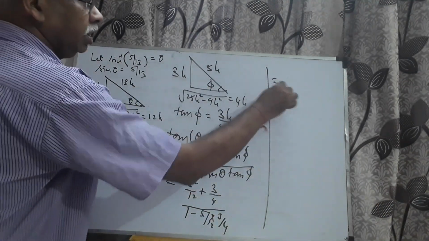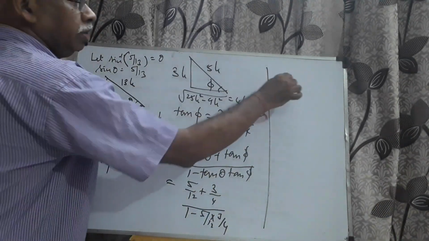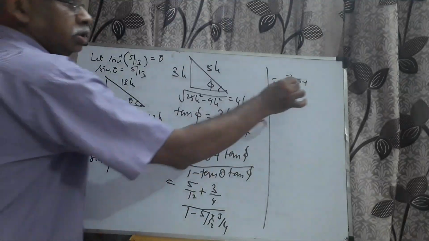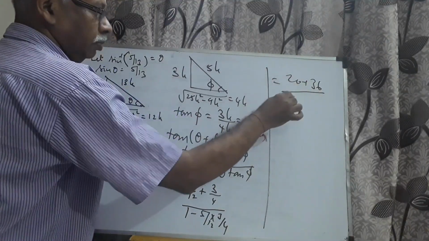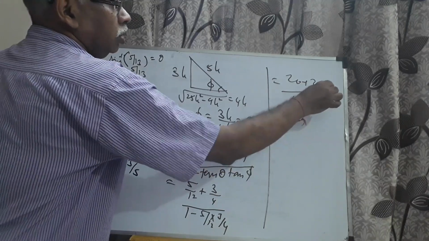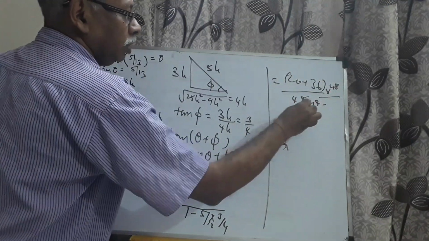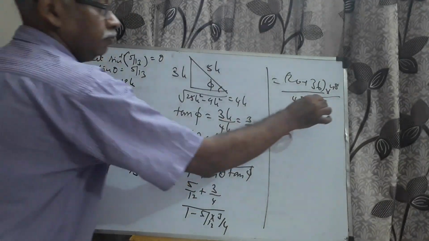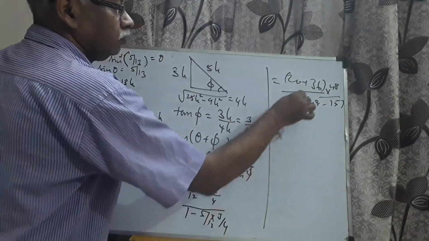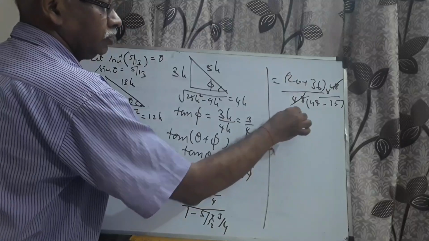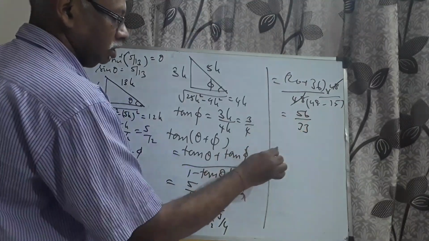Let me simplify. Taking LCM, 5 4s are 20, 3 12s are 36, divided by 48. The 48 goes up, divided by 48 minus 15. The 48 anyway gets cancelled. This is reduced to 56 by 33.